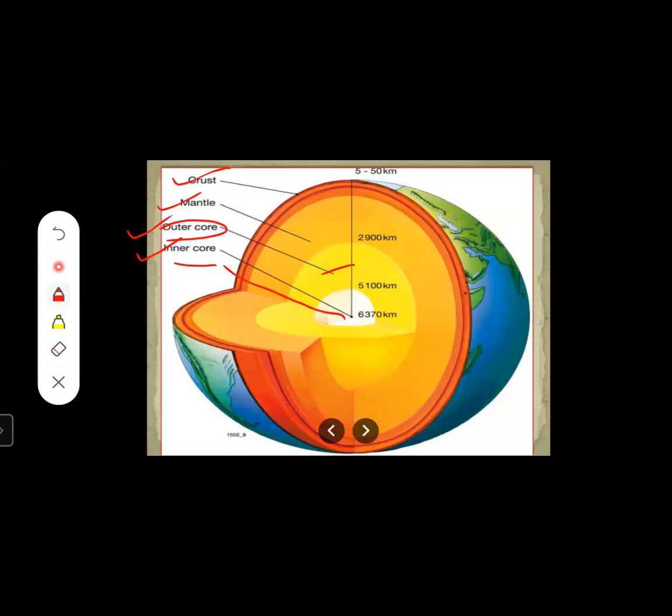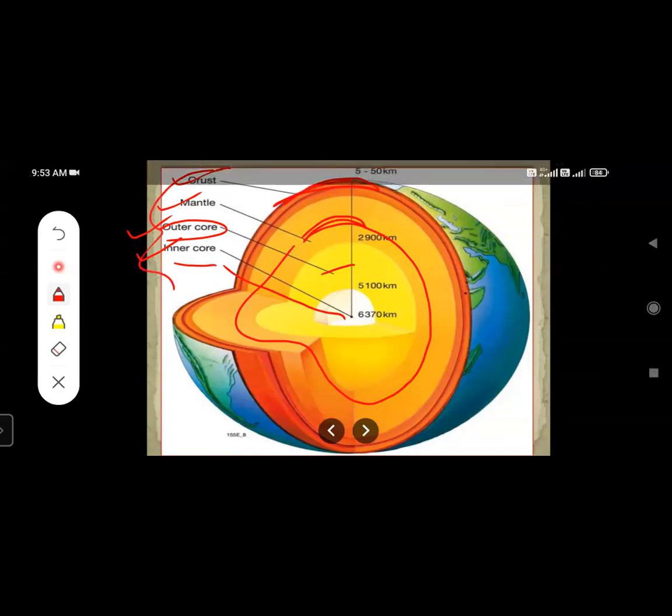And the mantle here, this whole portion is known as mantle. And the crust, which is in reddish brown, this is known as the crust area, all of which support all life in the known universe. This interior of the Earth supports all the life in the known universe.